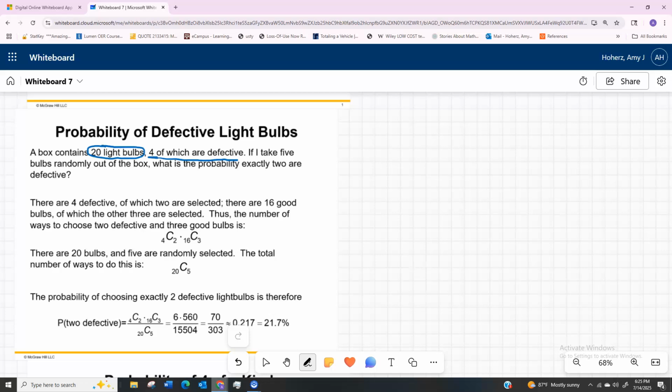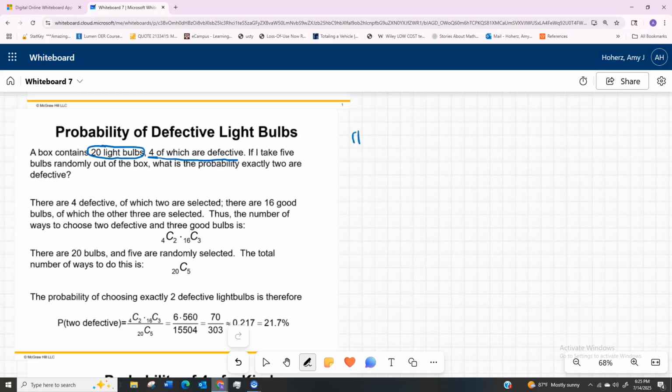So in this case, the order doesn't matter, because it doesn't matter if we get the defective on the first and the second, or the first and the third, or the first and the fourth. We're just looking for 2 defective anywhere in the selection. So what we do with this type of problem is we split it up into the 2 parts.